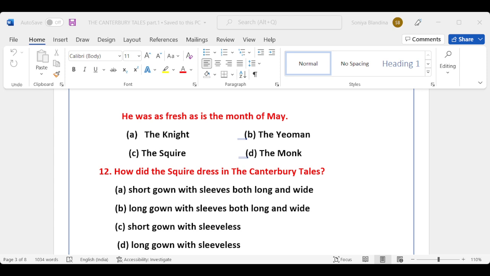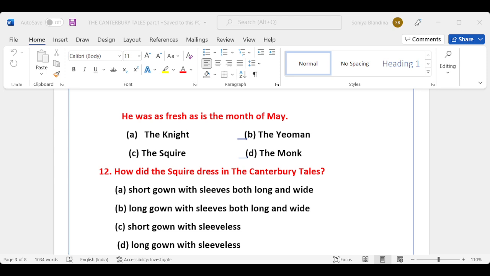Okay, 12th question. How did the squire dress in the Canterbury Tales? We already saw in the previous question that Chaucer uses three criteria to describe the pilgrims. First one, who they are. Second one, their degree. And then the third one, how they dress. See, this question is how the squire dressed.